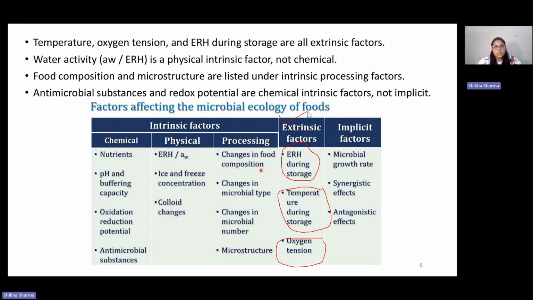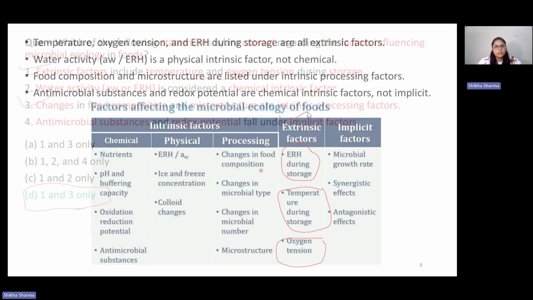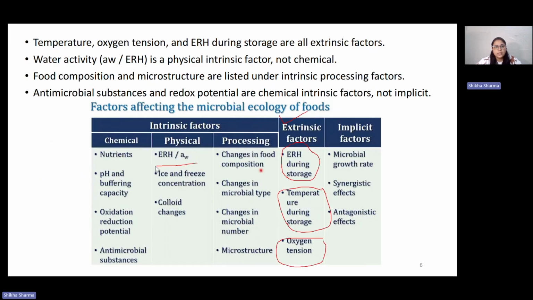So it is correct. Then the second statement is about water activity. Equilibrium relative humidity and water activity are physical factors, and they also sometimes come under the extrinsic factors, because ERH is basically the environment relative humidity. It will not come under the intrinsic factor.